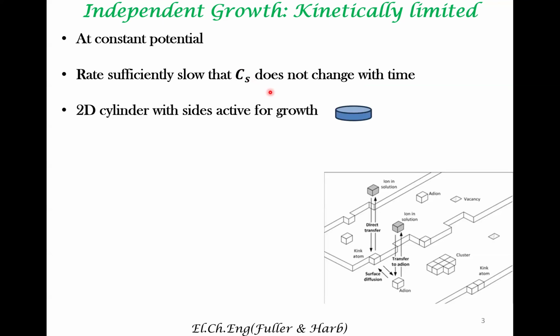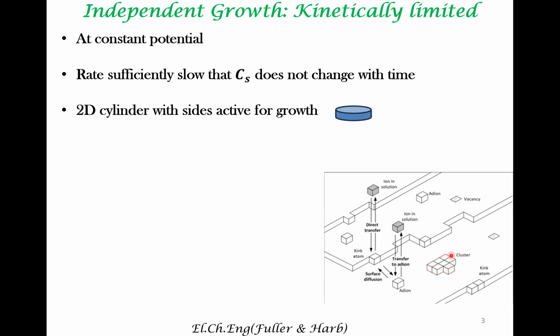So in a simplistic model, we can think of this crystal growth as a two-dimensional cylinder that is growing. For example, here you have a two-dimensional growth, that is, the adatom comes and attaches itself to these regions. So there is no three-dimensional growth, that is, an adatom does not attach itself to the top of this cluster, but these adatoms are getting attached to these lateral regions.